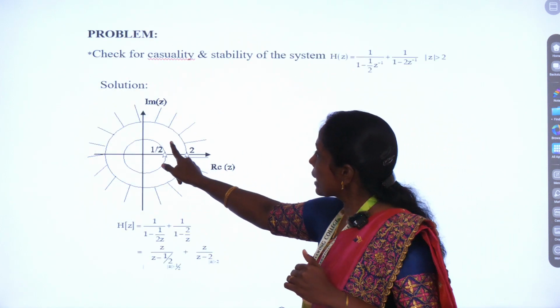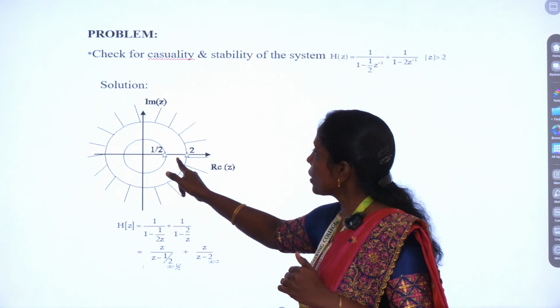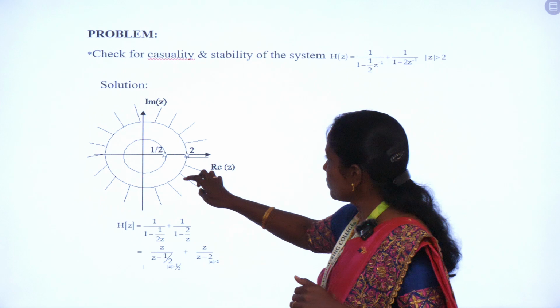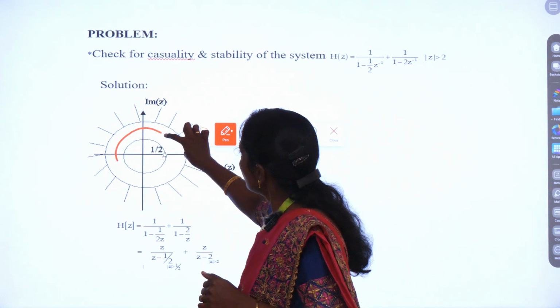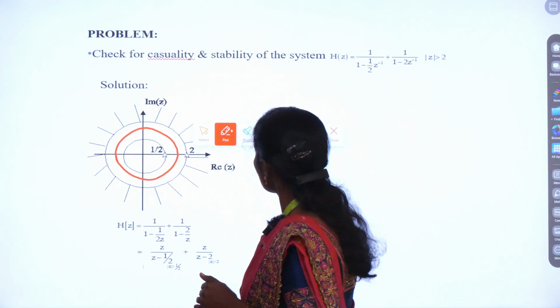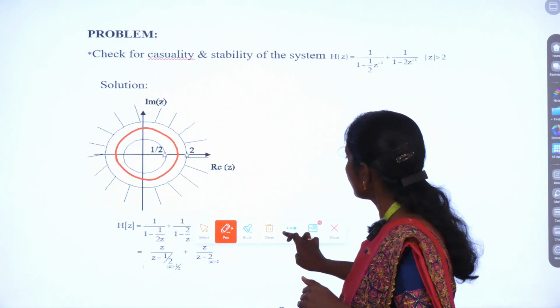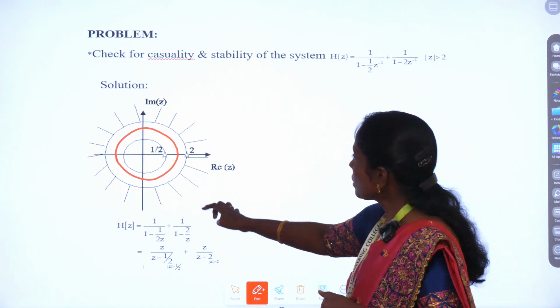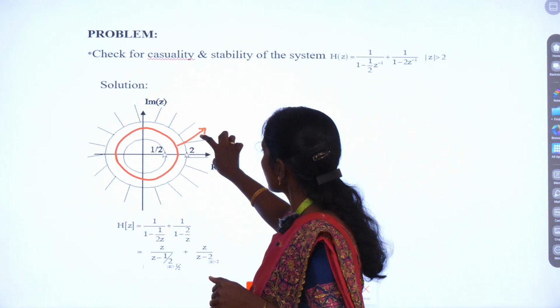So it is lying here only, this place only it lies. So this is the unit circle.